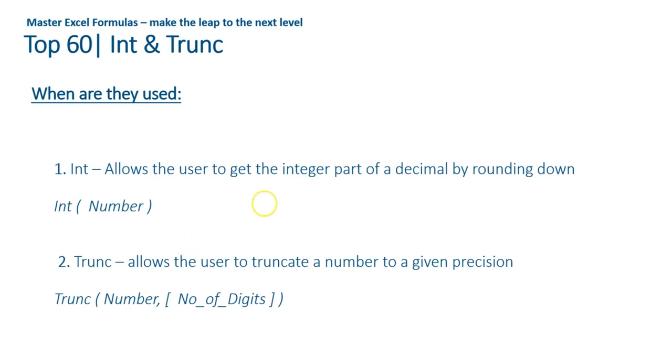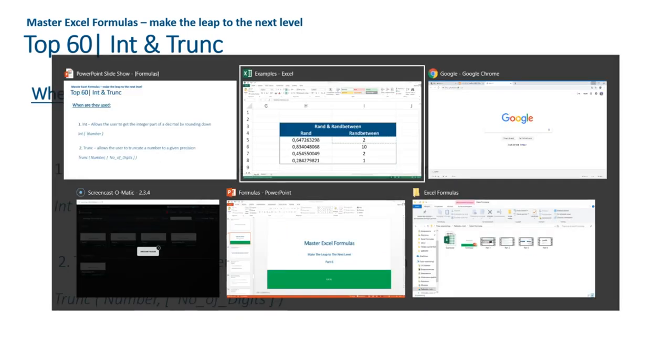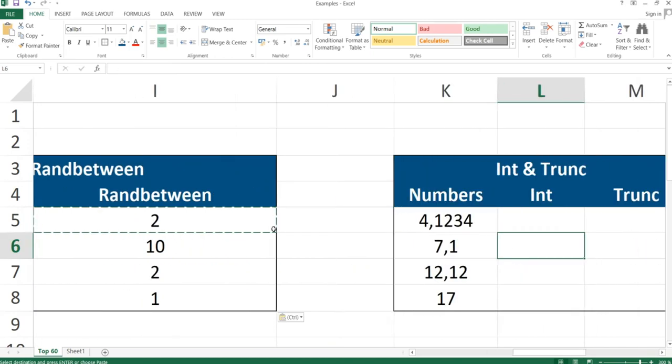TRUNC will do that as well if you do not specify anything in the optional part of the formula, which is the number of digits. I can show you now how these two formulas work in practice.